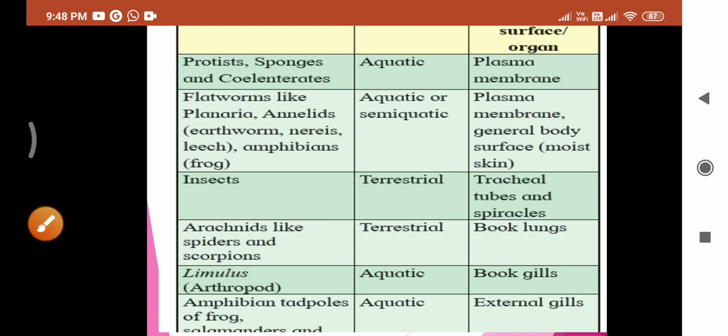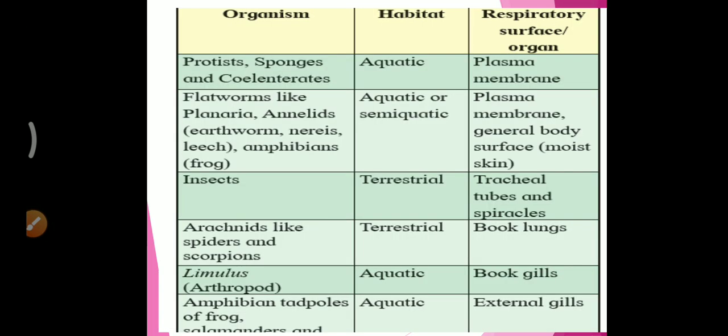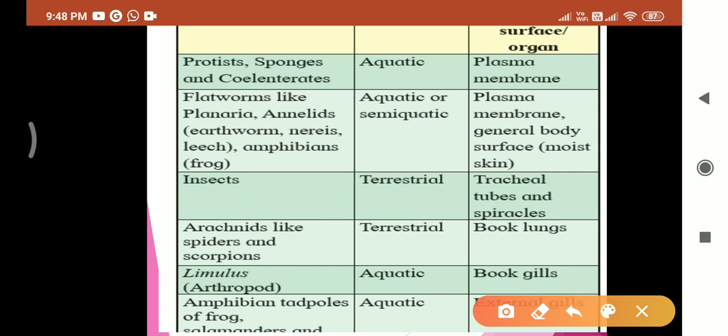The next, somewhat higher, is the insect. In the previous class you already studied the cockroach, so take the example of the cockroach. It is always terrestrial, so from this category the terrestrial animals start.